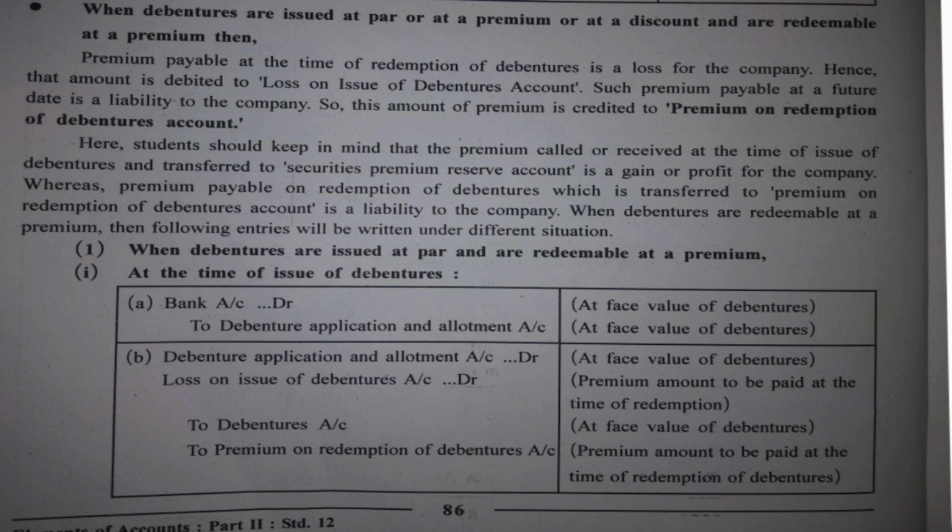Whatever I have explained is explained in the 2 paragraphs just before these journal entries. So if you read that, you will understand why this has been debited, why this has been credited, and all those questions running in your mind will be clear.